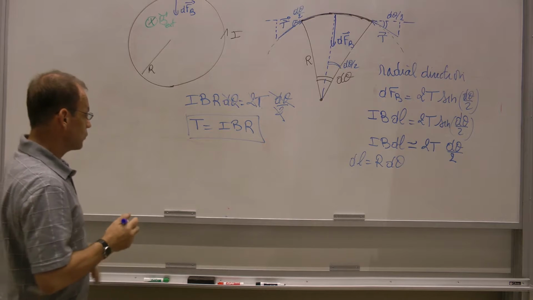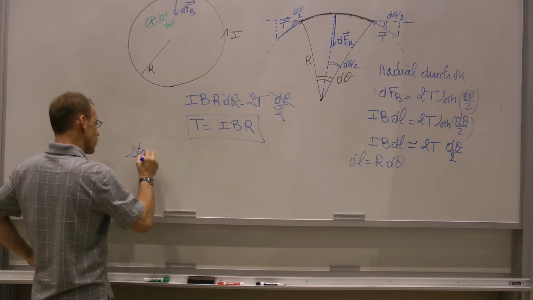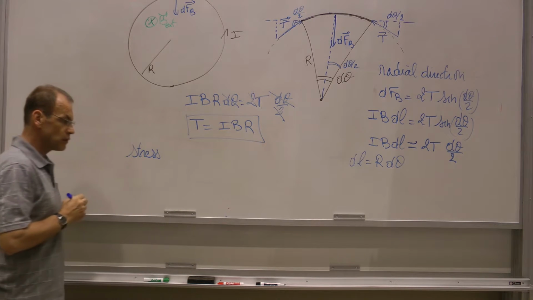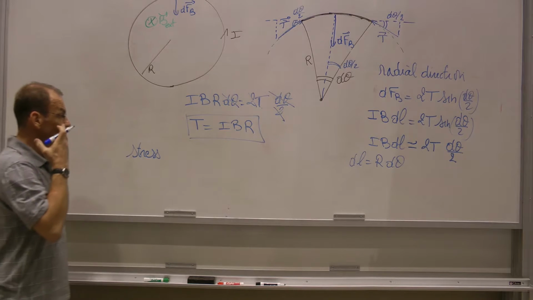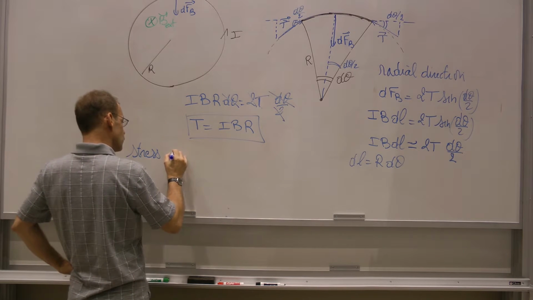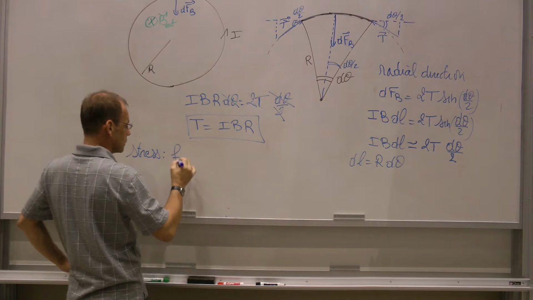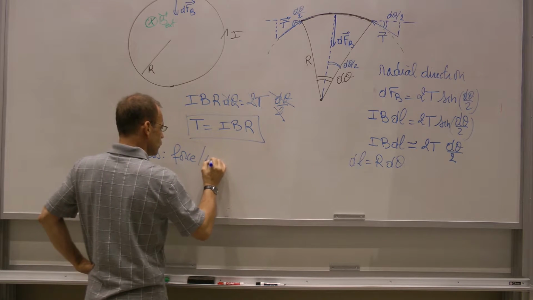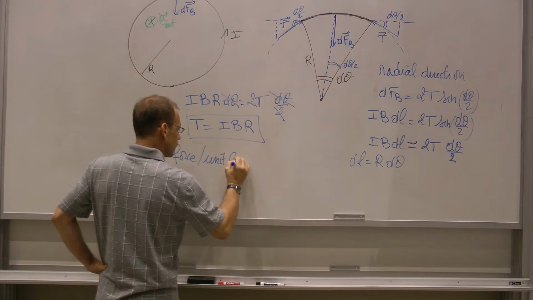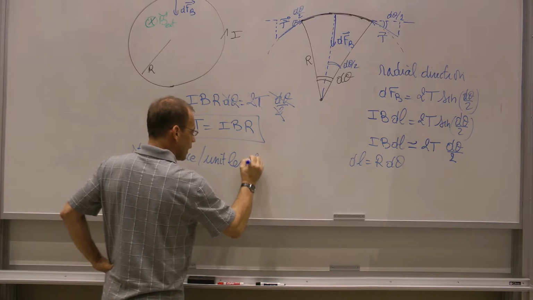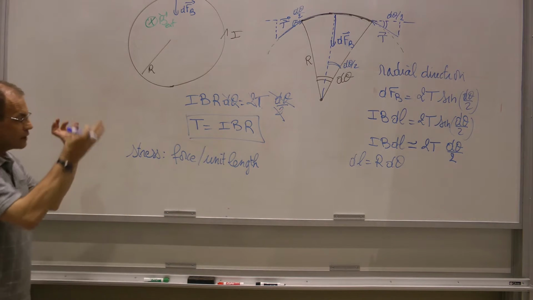If you wanted the stress from a more material science or mechanics perspective, the stress, in this situation, is a force per unit length. The stress in general is a force per unit area, but here it's more of a unit length.